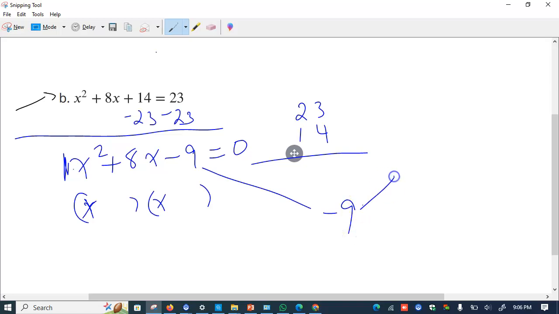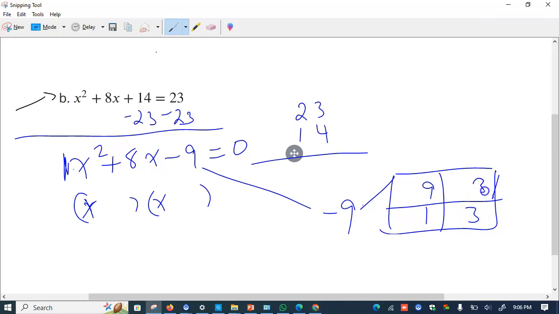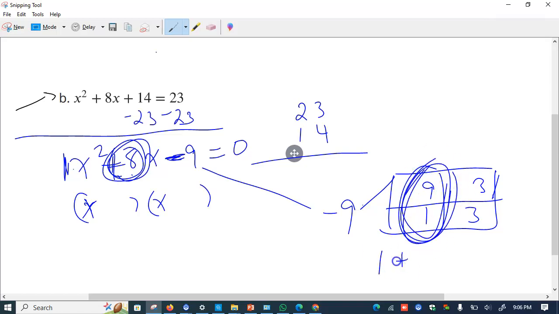And what are your options? 1 times 9 is 9 and 3 times 3 is 9. But because there's a minus, you have a plus 8. So when you multiply the two numbers, you have to get a negative, and when you make a sum of these, you have to get 8. If you see these two pieces, 1 and plus 9 is 10. And if you subtract, you get minus 8.